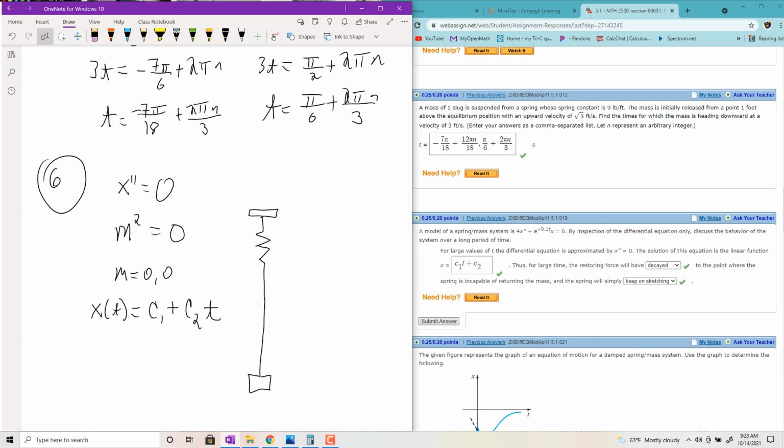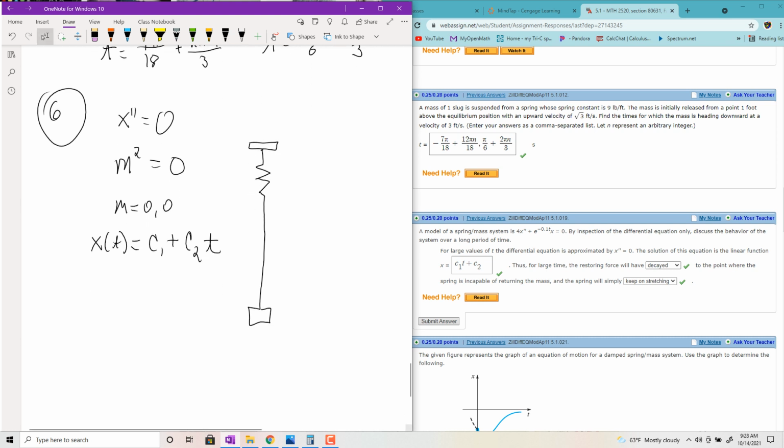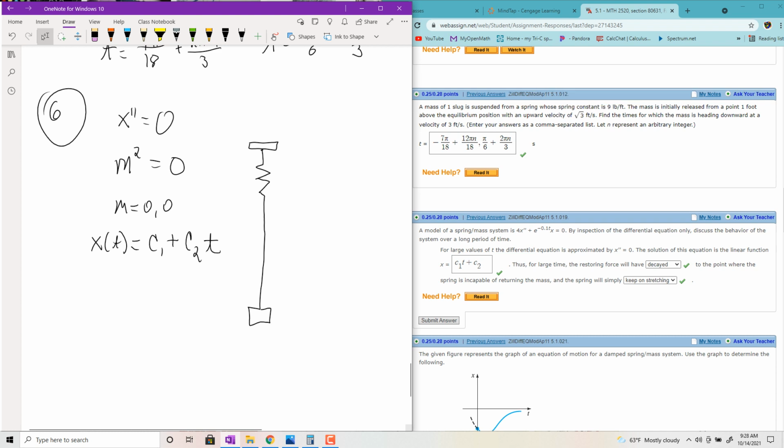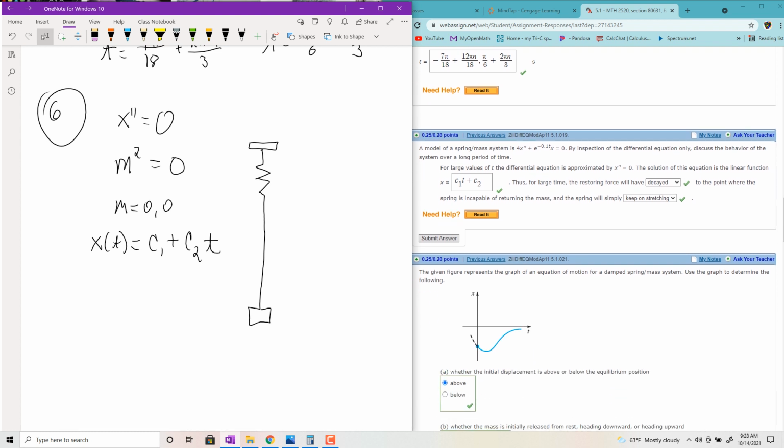Okay. So over the long time, it's never going to go back, right? So the restoring force is going away, and basically that means it's decaying. And so in the long run, it's going to just keep on stretching and probably break, right? So that's kind of what they're going after there in that picture.